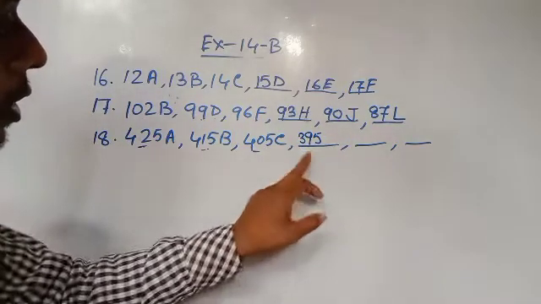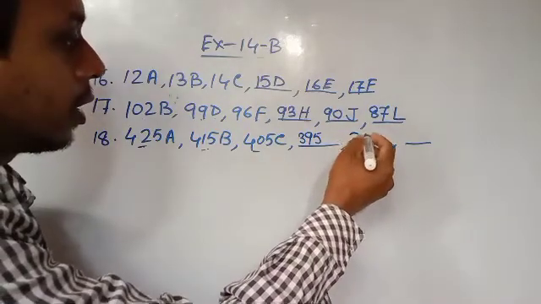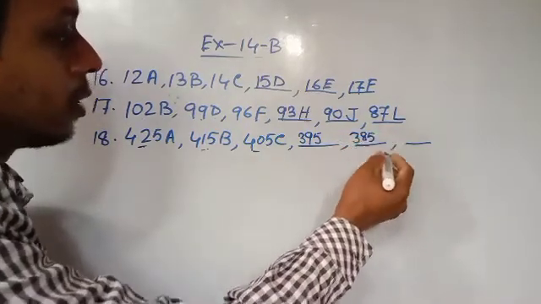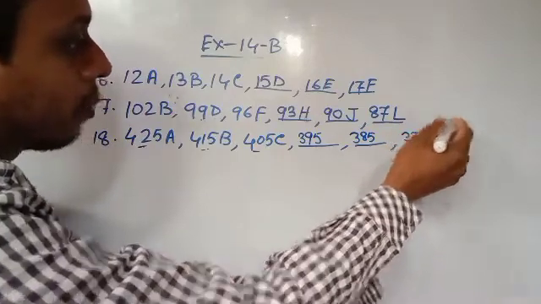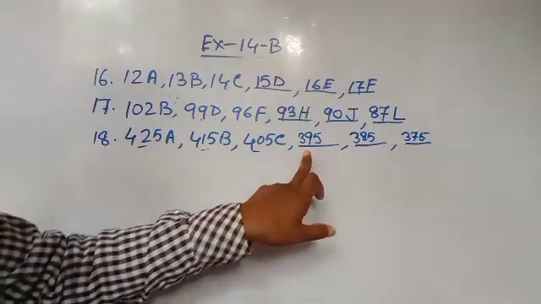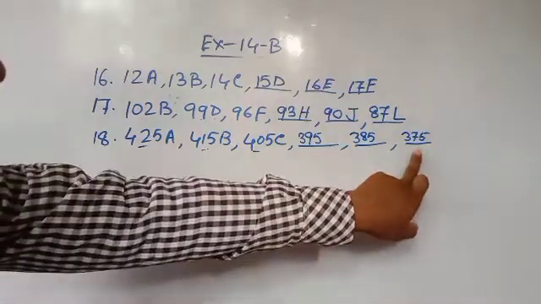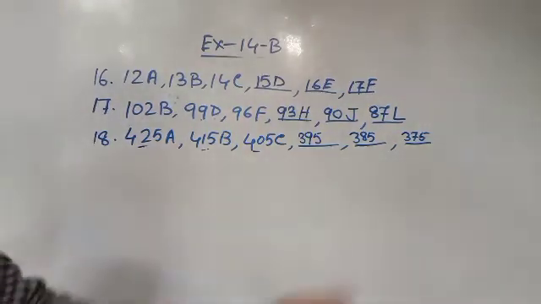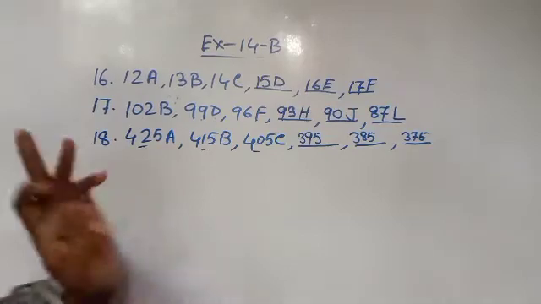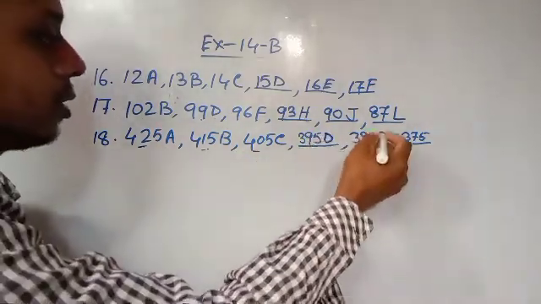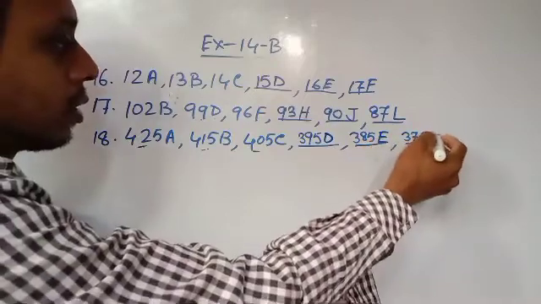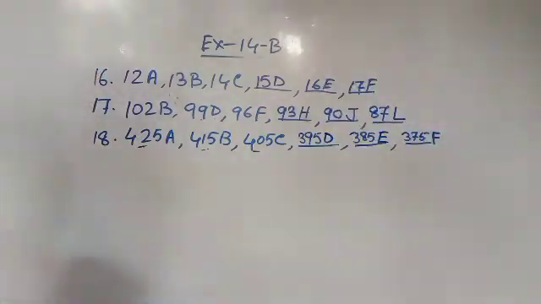Then 395 minus 10, 385. 385 minus 10, 375. So the numbers are 395, 385 and 375. Now A, B, C continuously. After C it will be D, then E, then F.